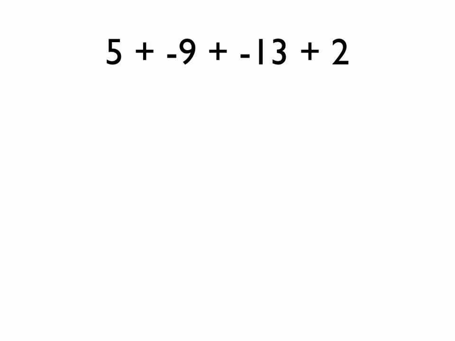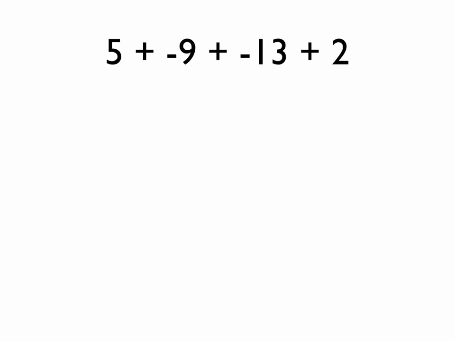Alright, so let's talk about what you do when you have multiple add-ins like this. There's many strategies you can do, and I honestly do not care which way you do it as long as you're getting the correct answer. If you would like to go from left to right, solving it out that way, that is fine. One way I like to do it is grouping together all the positive add-ins and then grouping together all the negative add-ins and then adding those two.